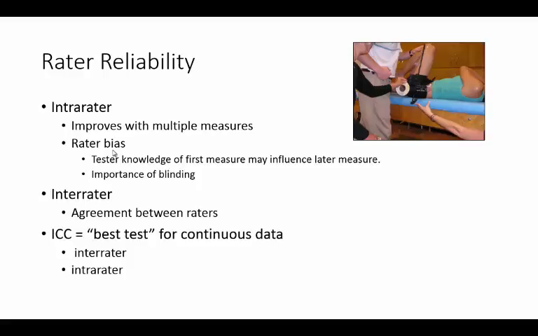He remembers that this range was, for example, 70 degrees. Then when he measures it again, he tends to get around 70 degrees again because he knows that this was the original measure.